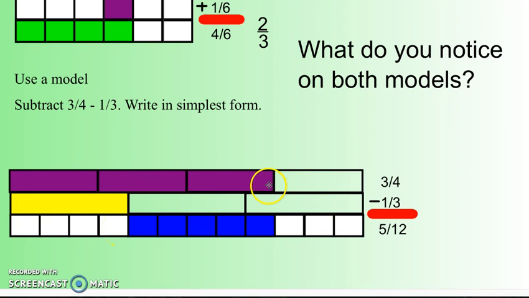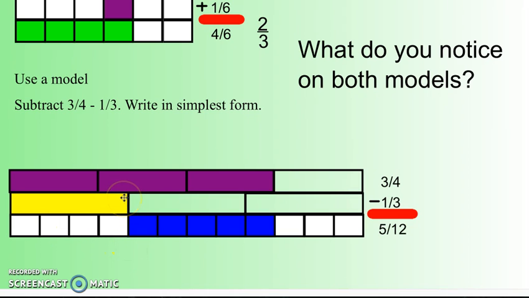And so in this one, notice that we are taking away a part. We started off with 3/4, and we are subtracting a part from it. Now, in order to figure out how much that part is, we had to separate them into smaller pieces, 12ths.